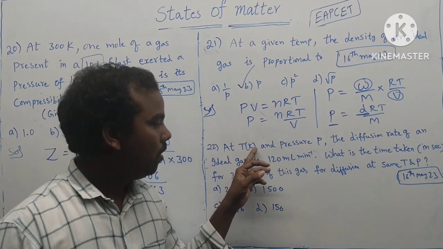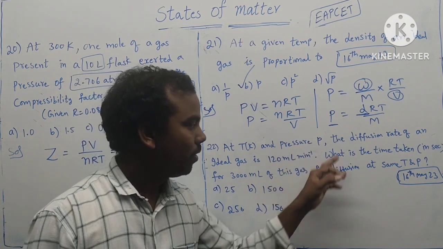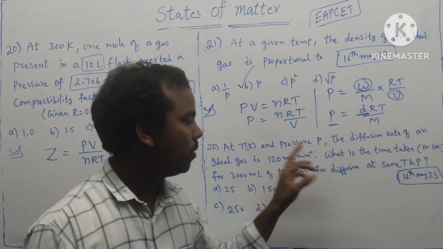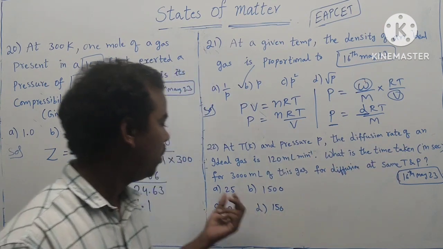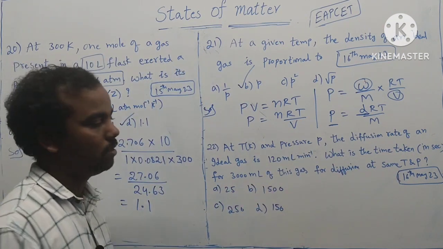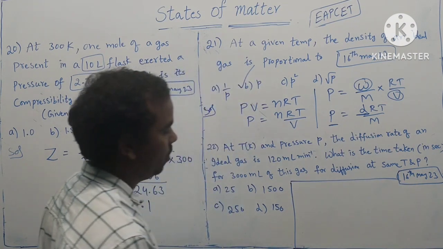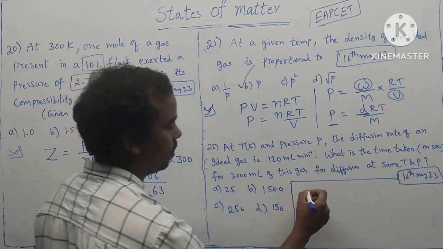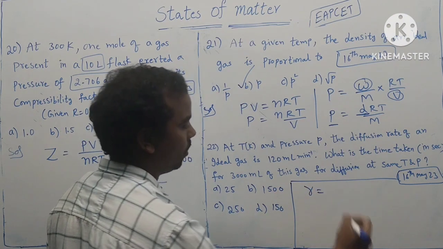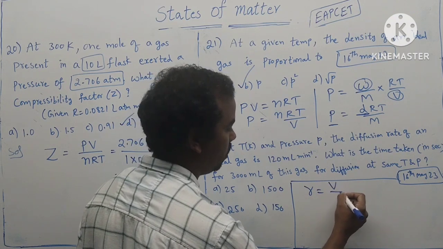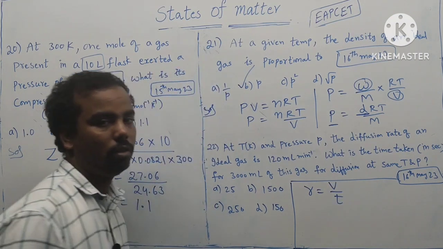At T kelvins and pressure P, the diffusion rate of an ideal gas is 120 milliliters per minute. What is the time taken for 3000 milliliters of this gas for diffusion at the same temperature and pressure? So first, diffusion: the rate of diffusion of a gas, R, is equal to the volume of the gas diffused in the given time.